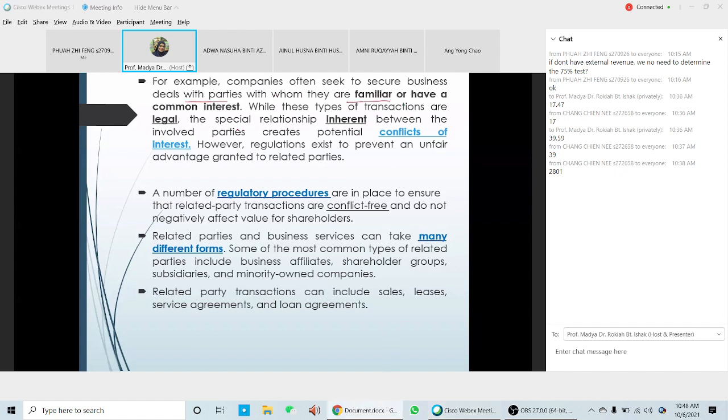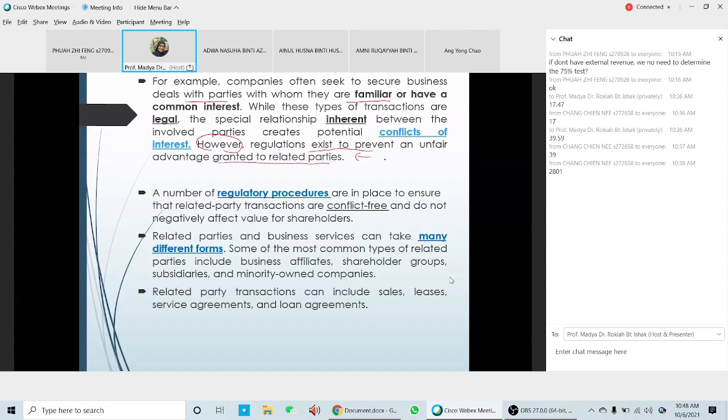This type of transaction is legal, but the special relationship inherent between the involved parties creates a potential conflict of interest, because you are doing a transaction with a party that you are familiar with. So even though the transaction is legal, it can create a conflict of interest. However, there is a regulation to prevent an unfair advantage being granted to the related party.